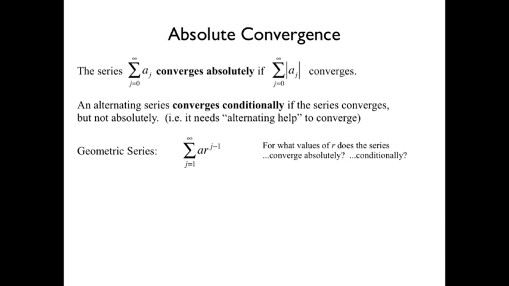So putting absolute value bars doesn't change anything. But what about when r is negative, between -1 and 0, like this one? Does it converge absolutely, or does it converge conditionally? So we look at this.